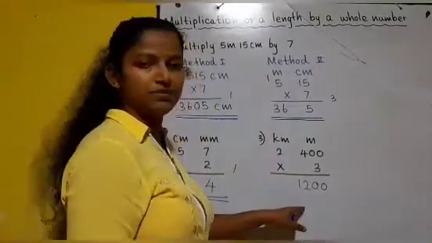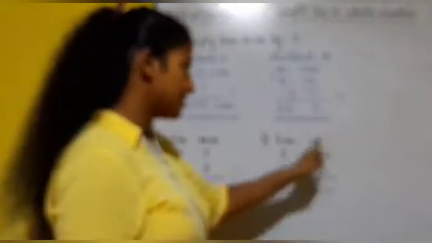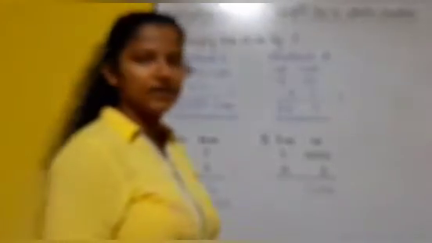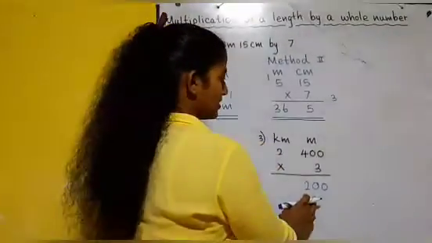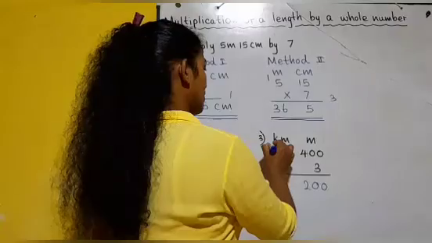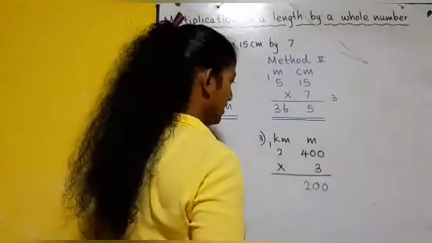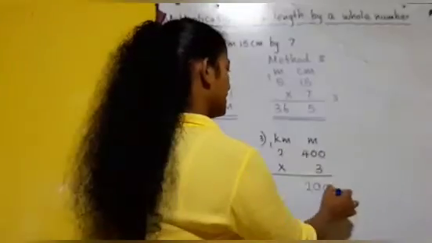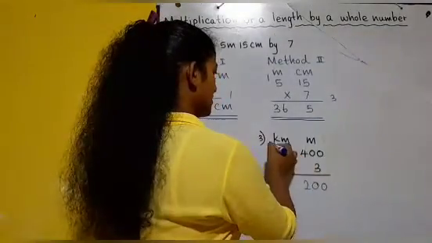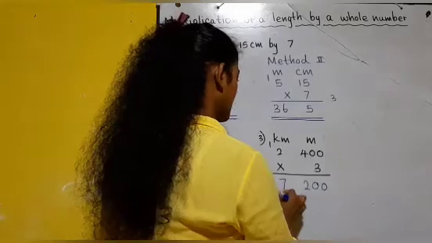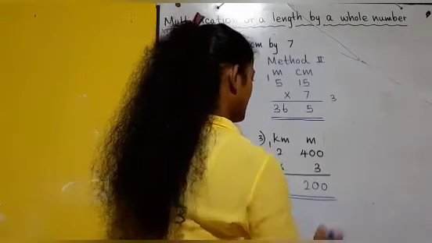We can't keep this value as the maximum amount here is 999. So we are taking 1000 meters into the kilometer side as 1 kilometer. The remaining amount here is 200. 3 times 2 is 6. 6 plus 1 is 7. Now this will be the answer.